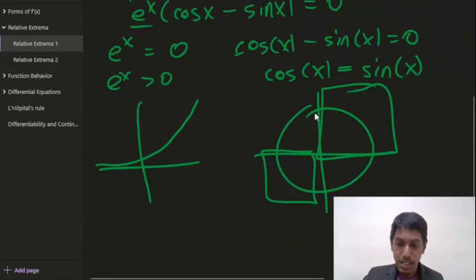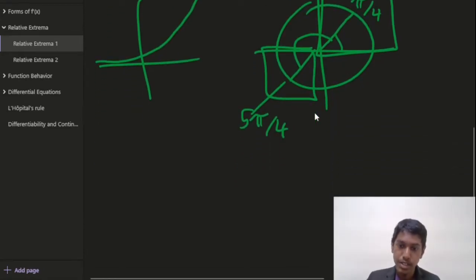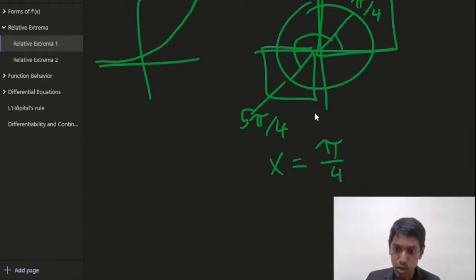They have limited the x values for us. So this value right here in the first quadrant will be pi over 4, and then over here will be 5 pi over 4. This is sort of pre-calc review here. So now x will be pi over 4 or 5 pi over 4.